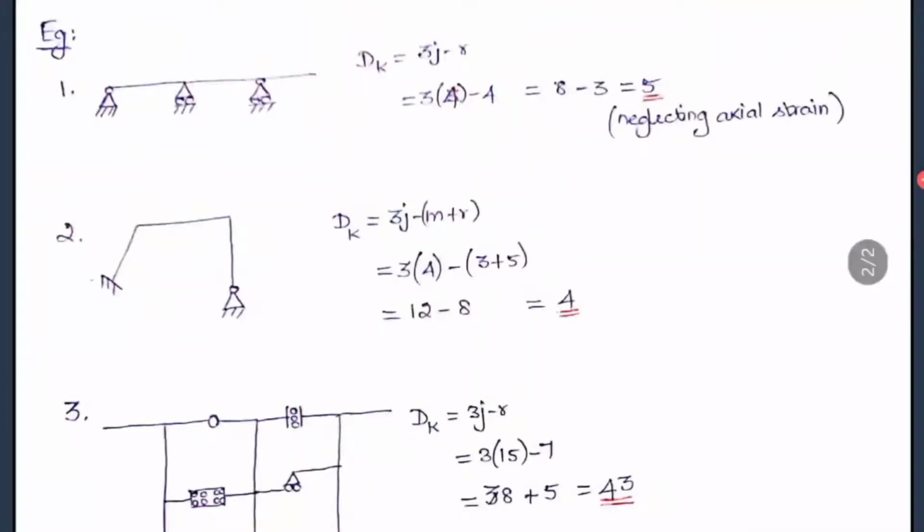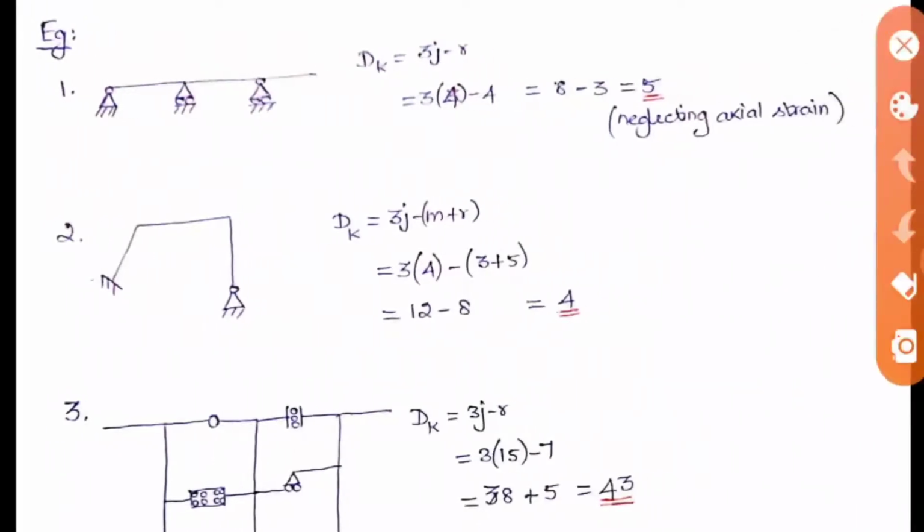So see the first example, a beam is given, so dk will be equal to 3j minus r. In kinematic indeterminacy the free end should also be considered as a joint, and all the supports should also be considered as joints. Here 1, 2, 3 and 4, so 4 joints are there. So 3 into 4 minus the reactions.